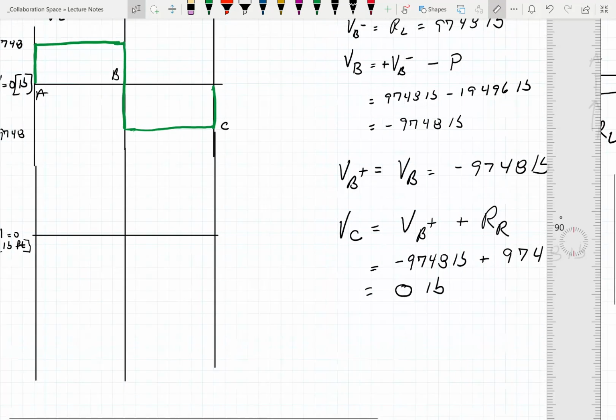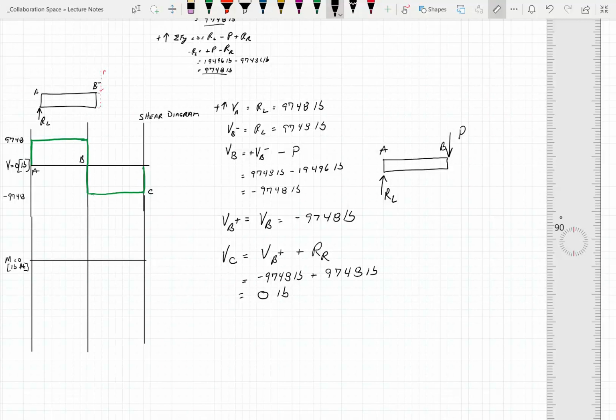Now, I want to do this. I'm going to draw, okay. So, let me zoom in on that so you can see it a little bit.